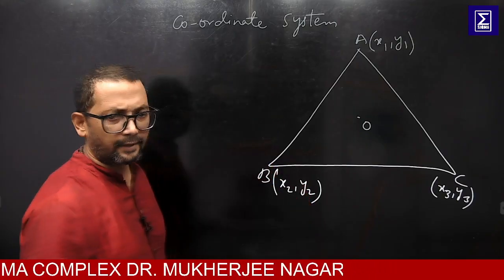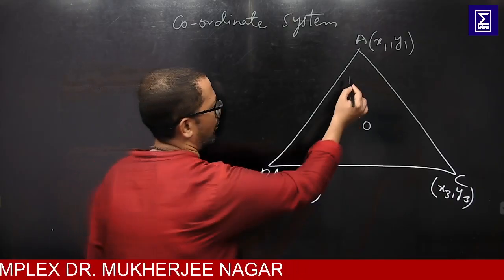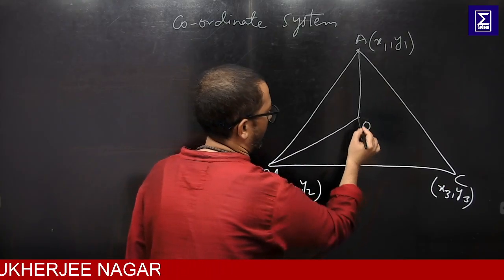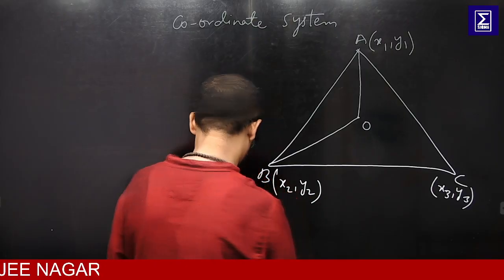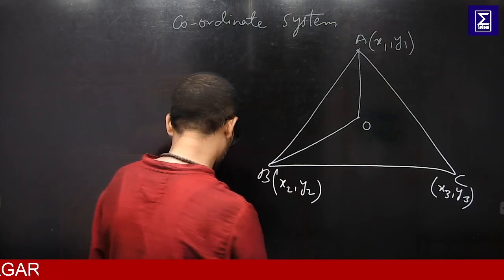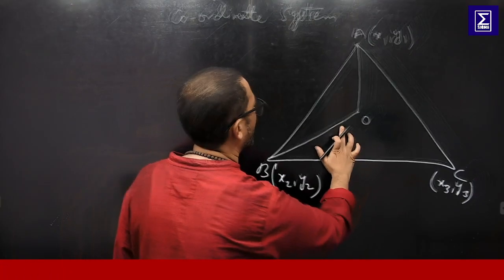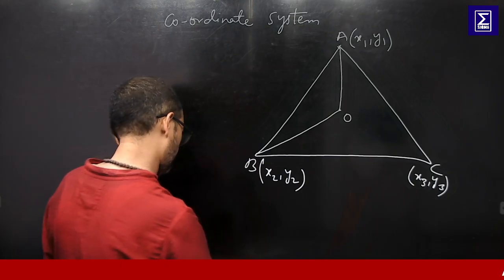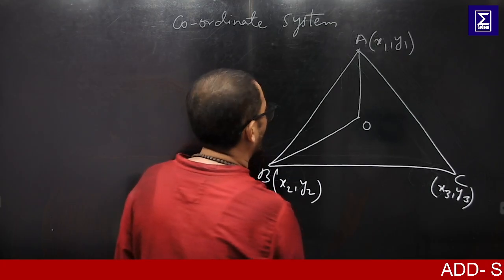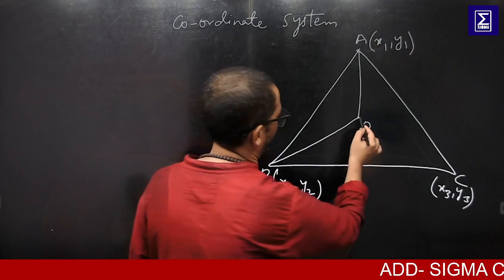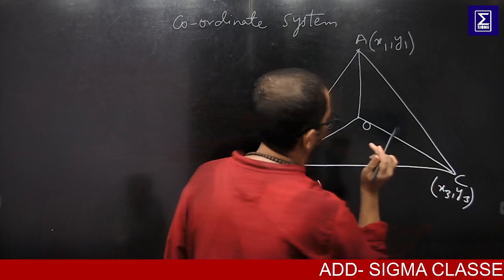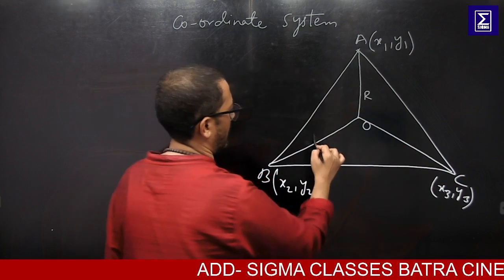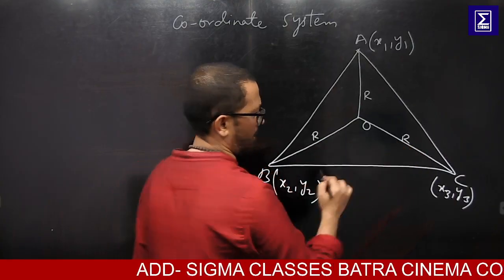So you know very well, if O is the circumcenter, then OA is equal to OB and that is equal to OC. Here this is OC, and all are equal to R. R is the circumradius.